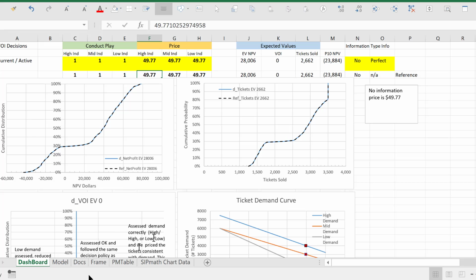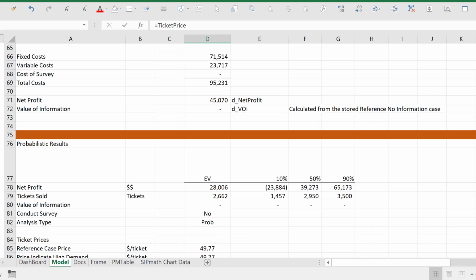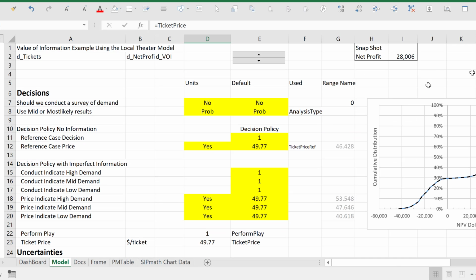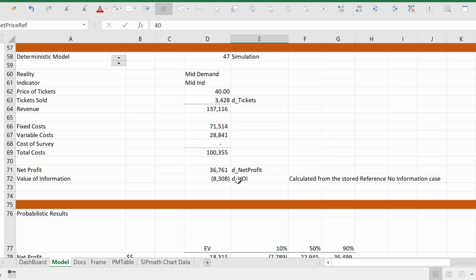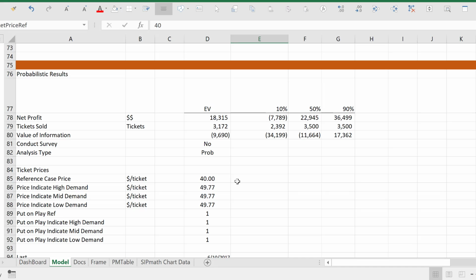Now let's optimize our model. So to start with, let us put in a price here of $40. Okay? So someone says, I want to make sure that the theater is full. And we can see that based on the $40, our expected value is $18,000.